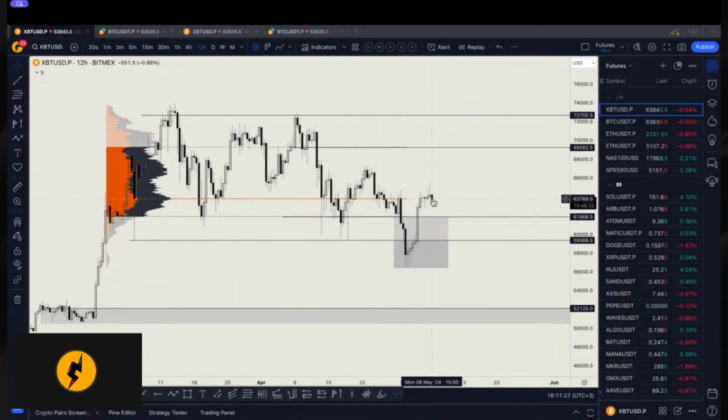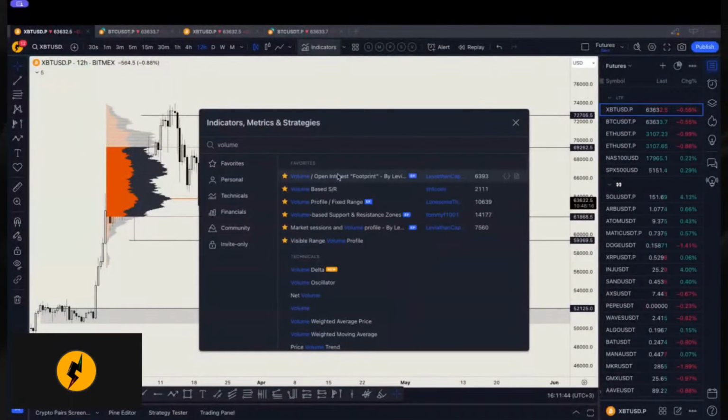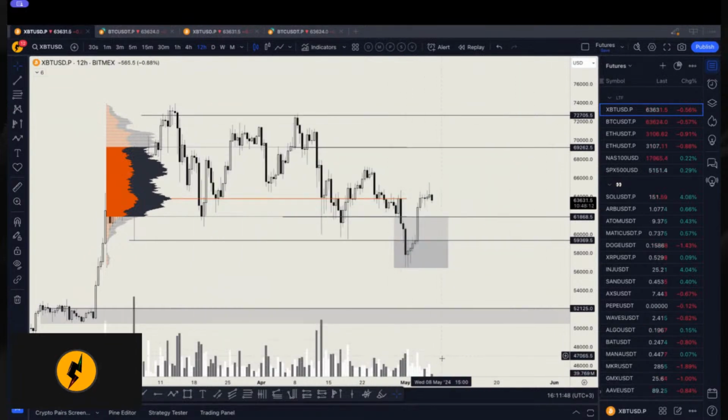So we have found acceptance. We have a lot of trapped traders here. All those people who listened to John Murphy and shorted this are now trapped. And I can assure you, if we add volume, yeah, we have a volume spike as well.